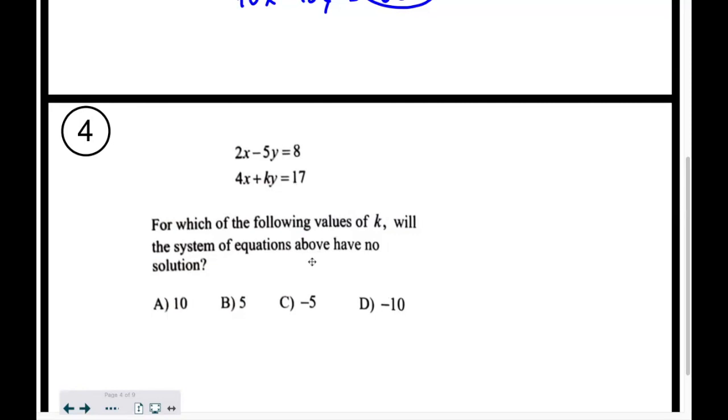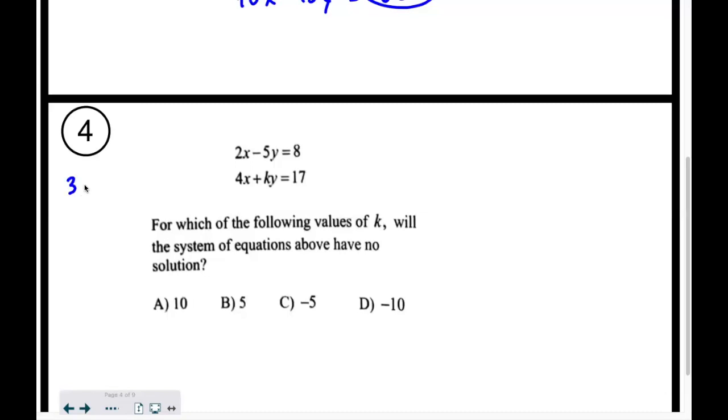A no solution system has a certain look to it. And the look is this. The x's and y's are the same, and the constants on the other side are different. So what I mean by that, let me make up one just to show you what I'm talking about.